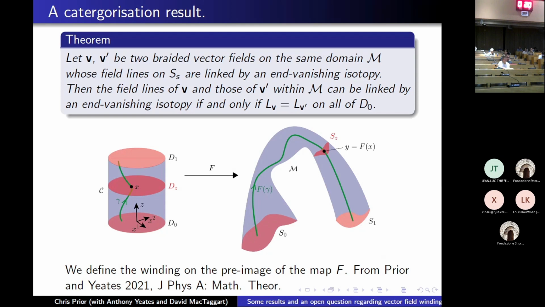If their winding is the same, the theorem we proved, myself and Anthony Yates, shows that we can link these two fields by an isotopy which vanishes on the end boundaries if they have this same distribution of field line winding. So it categorizes the topology of the vector field. And in particular, it then says if I did a time evolution of this field and it changed, it implies there's been reconnection, there's been changing topology.